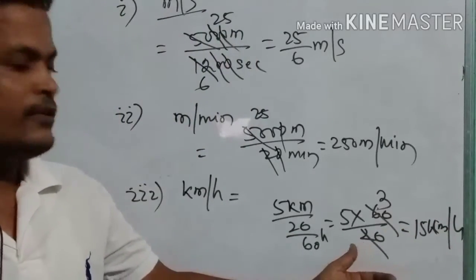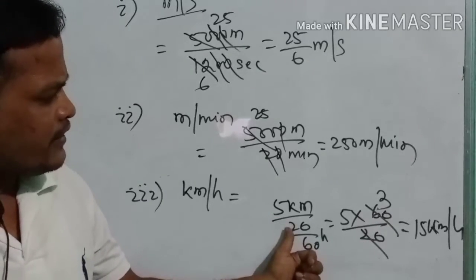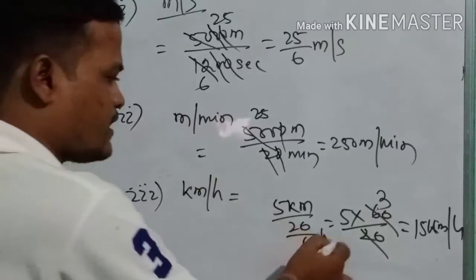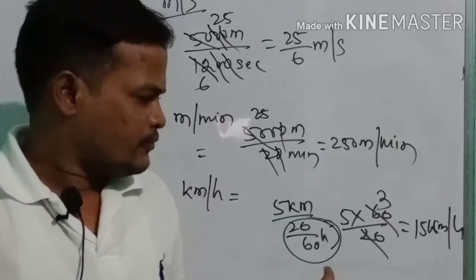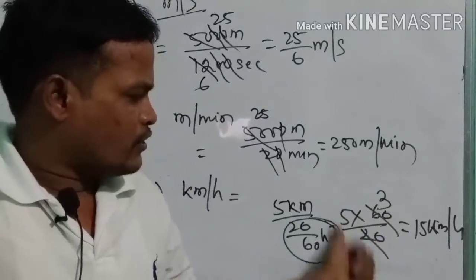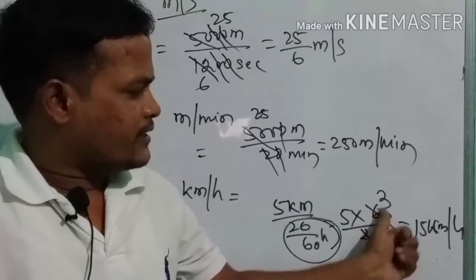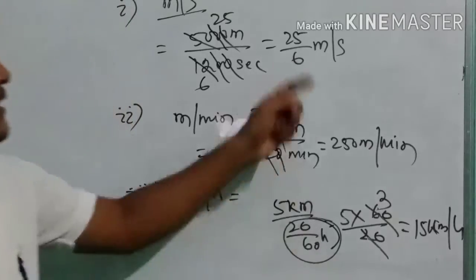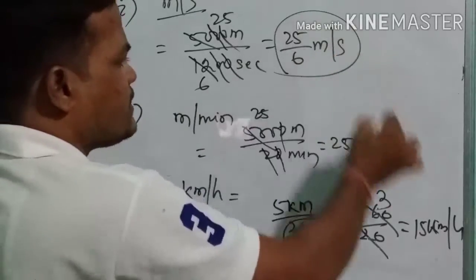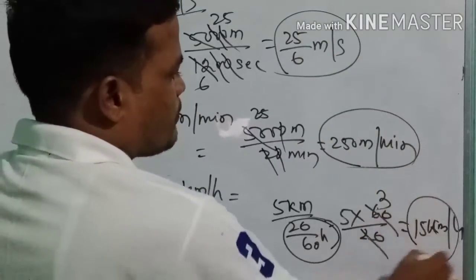This is calculated as 15 kilometer per hour, because you are given the time in minutes, you just have to convert it into hours. 20/60 is converted into hour unit, so 5 into the reverse, 60/20, which is 3, so 5 into 3, 15 kilometer per hour. This is number 1 answer, number 2 answer, and this is your number 3 answer.